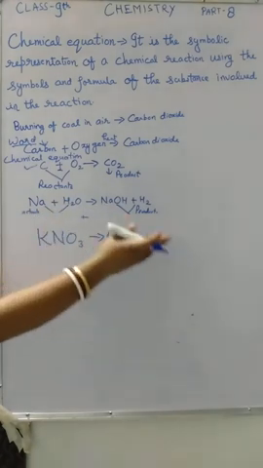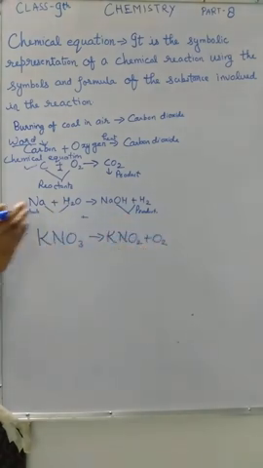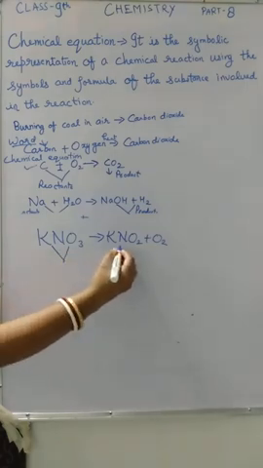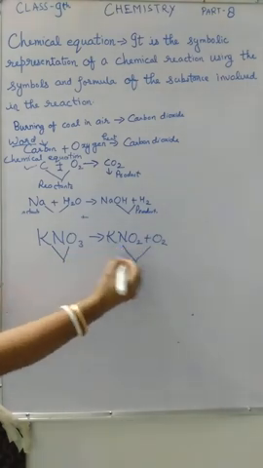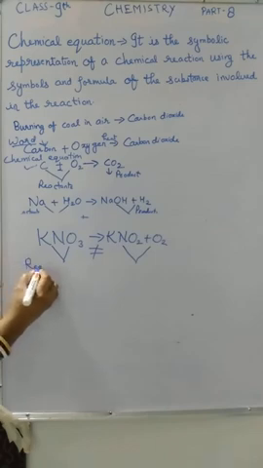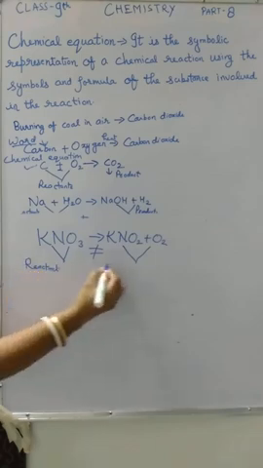It is also a chemical equation, but unbalanced. In other words, the total number of atoms of each element on the two sides are not equal. The total number of atoms on the reactant side and on the product side are not equal. For example, first you write reactant here, and on this side you write product.